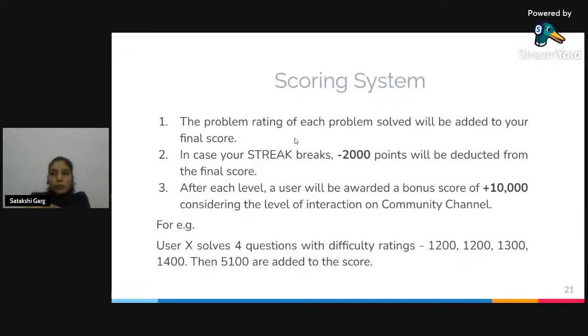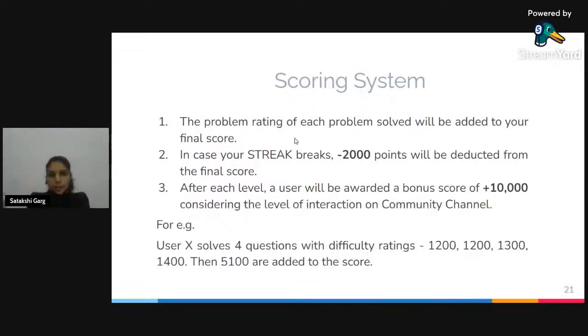There are many beginners whose ratings are zero, who haven't ever participated in a contest, or are less than 800. By default, we're considering their ratings as 800. So you will be starting with problems of difficulty rating 800, 900, 1000, and 1100.